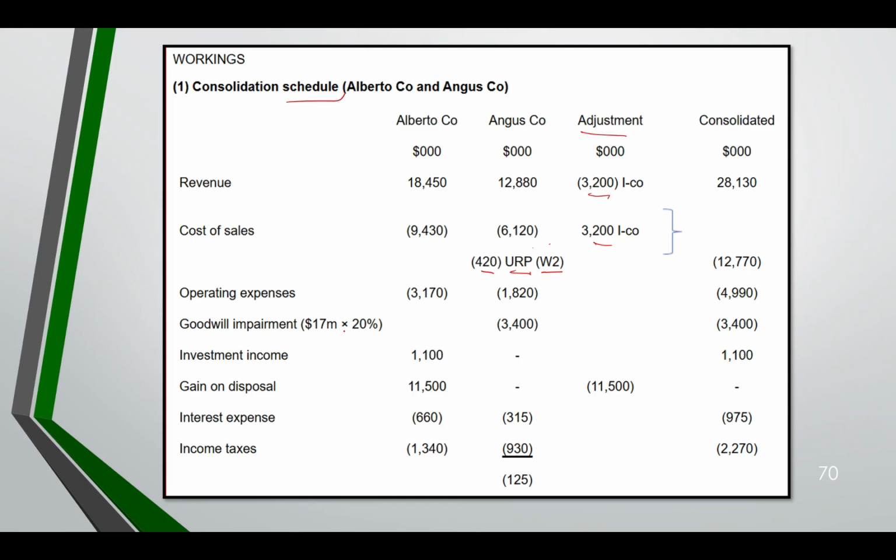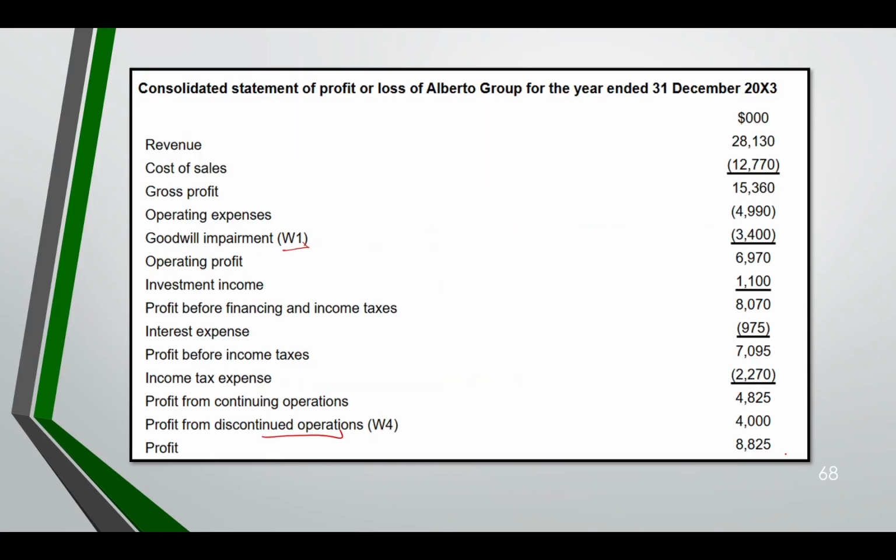And then goodwill impairment will write in this subsidiary which is remaining, that is Angus. Okay, and then rest everything is there. So this is the total loss of the subsidiary that NCI will have a share, and these are your consolidated figures. These figures you will put here, exactly the same figure.